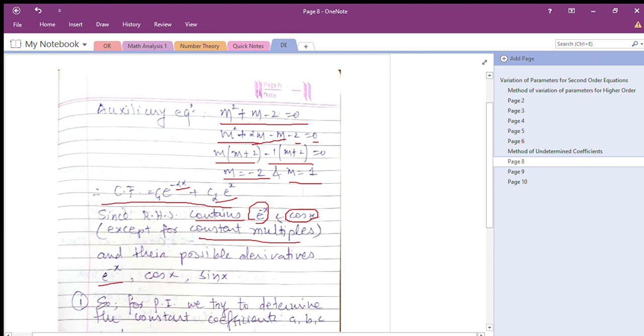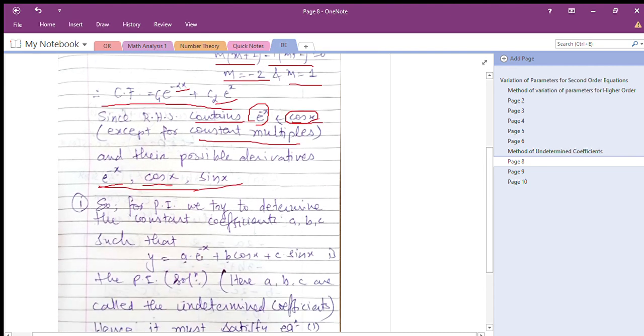But cos x, if you differentiate one time, gives you minus sin x, but I have excluded the minus sign over here, and the second time when you differentiate you will get cos x again. So these are the three possible derivatives of these two terms.